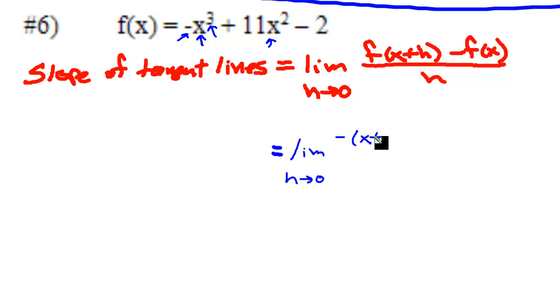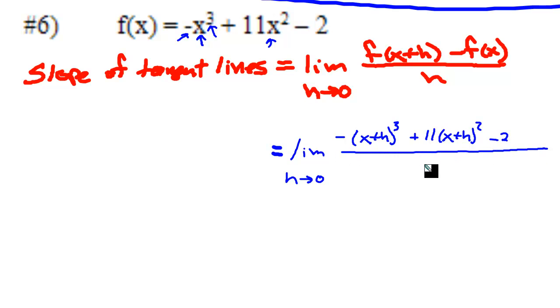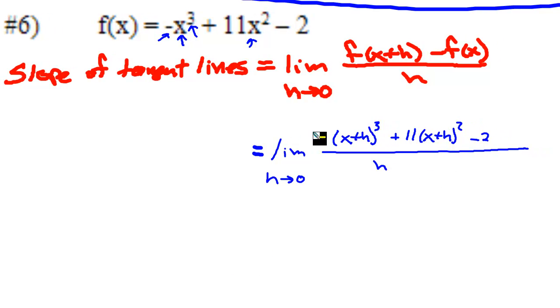So we have a negative x plus h cubed plus 11 x plus h squared minus 2. That is f of x plus h. Subtract from that f of x, which is negative x cubed plus 11x squared minus 2.